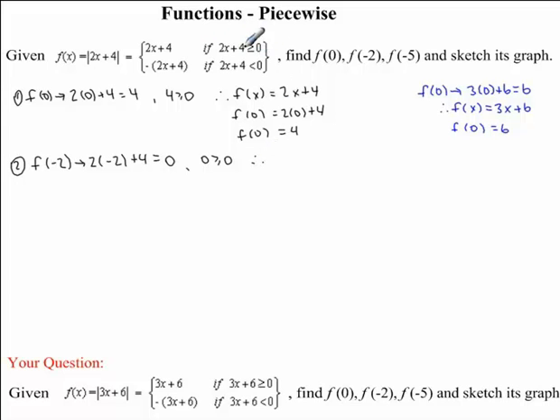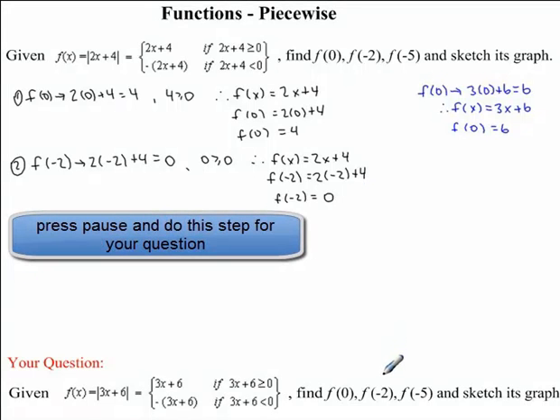Since this restriction is satisfied, we are once again going to use the function 2x plus 4. So therefore, we are using f of x is equal to 2x plus 4. Now we need to evaluate this when x is equal to negative 2. So f of negative 2 is equal to 2 times negative 2 plus 4, which as we found earlier, f of negative 2 is equal to 0.